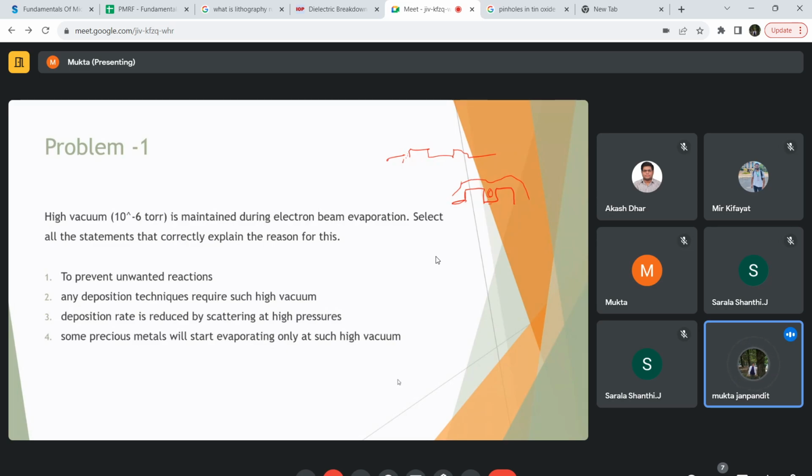So what technique is this? It's a deposition technique, obviously. Is it physical vapor deposition or chemical vapor deposition?